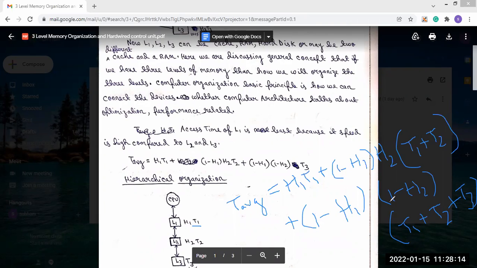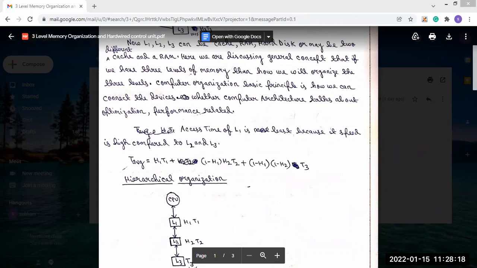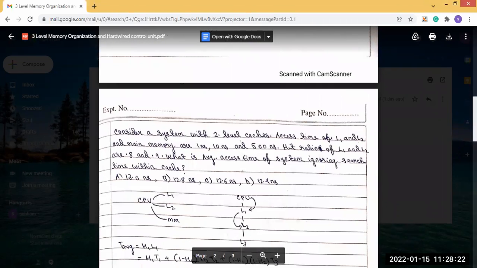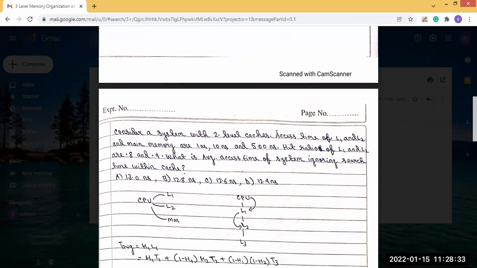Okay. Now sometimes mathematics is also given, so we'll discuss a mathematics example. Let's say it is written: consider a system with two-level caches.